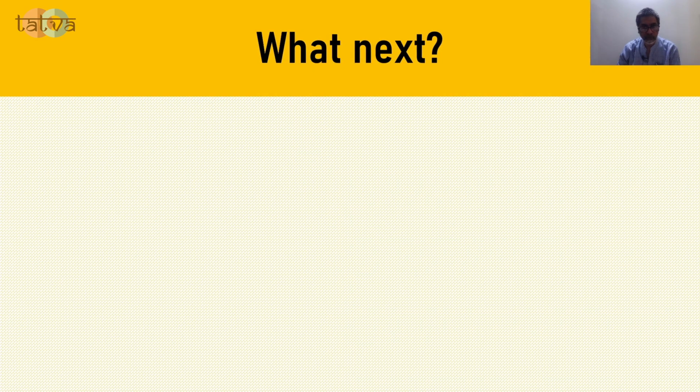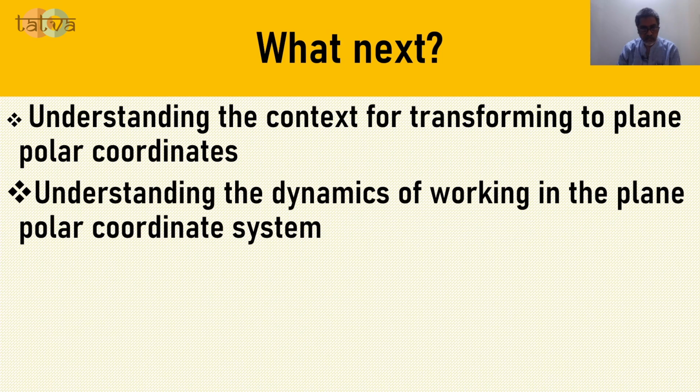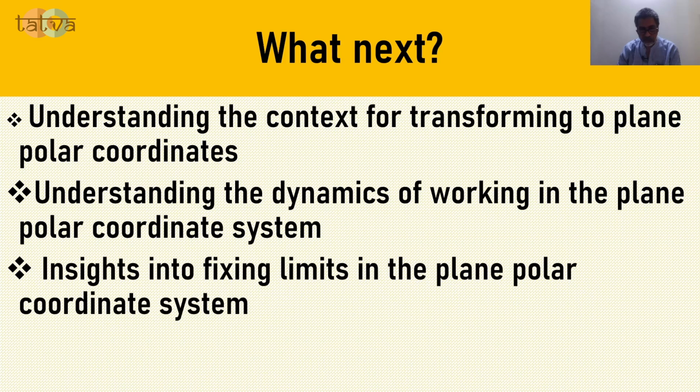So where are we heading after this? We must understand what is the context for transforming a Cartesian double integral to a plane polar double integral. Understanding the dynamics of working in the plane polar coordinate system. That means how do you bring in the transformation? Then how do you fix theta limits and fix the r limits?